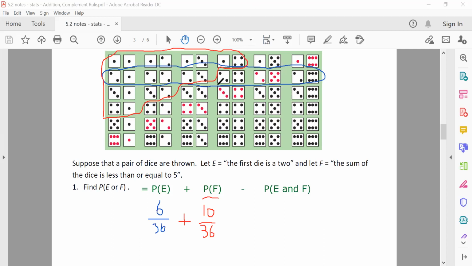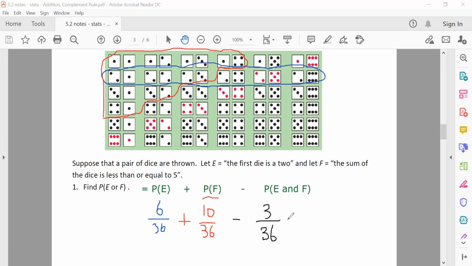But now the problem is, if I just add those probabilities up, look, these 3 here are both circled in red and also circled in blue. So they're actually being double counted, even though we don't want them to. So there's 1, 2, 3 things being double counted. So the probability of getting both those events is 3 over 36, and we have to subtract it off once.